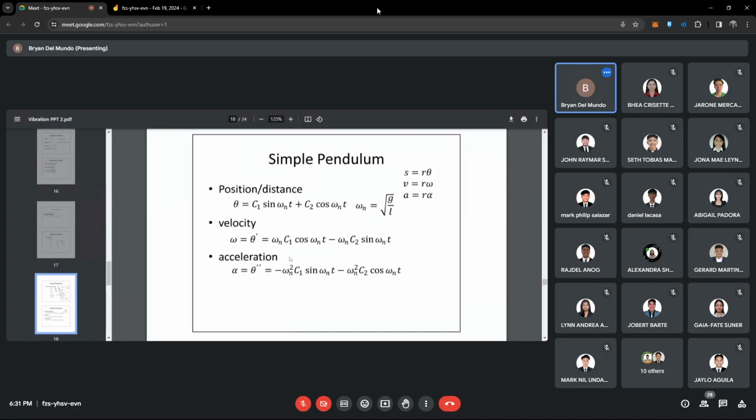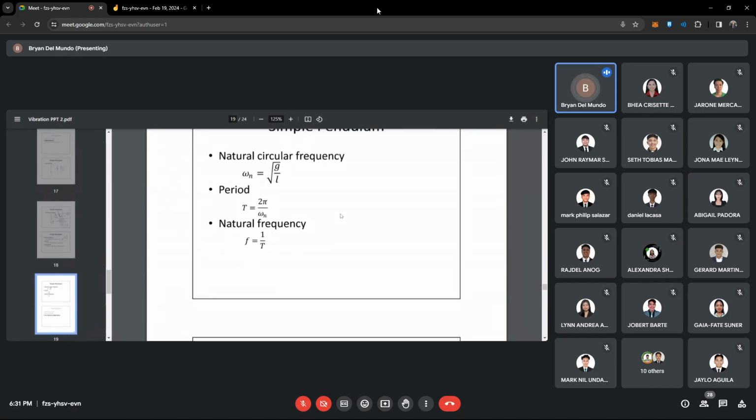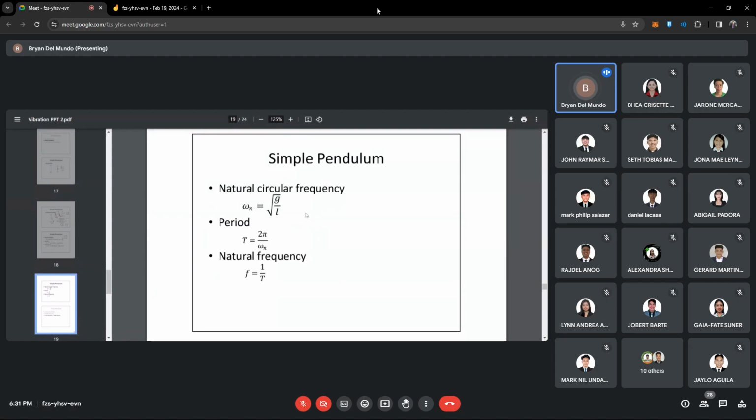Okay. And then it also applies yung same formula. So naiba lang dyan is yung formula natin ng omega n. So para dun sa ating spring mass model, we have our formula of square root of k over m. And then for this simple pendulum, we have omega n is equivalent to square root of g over L, wherein g is the acceleration due to gravity.